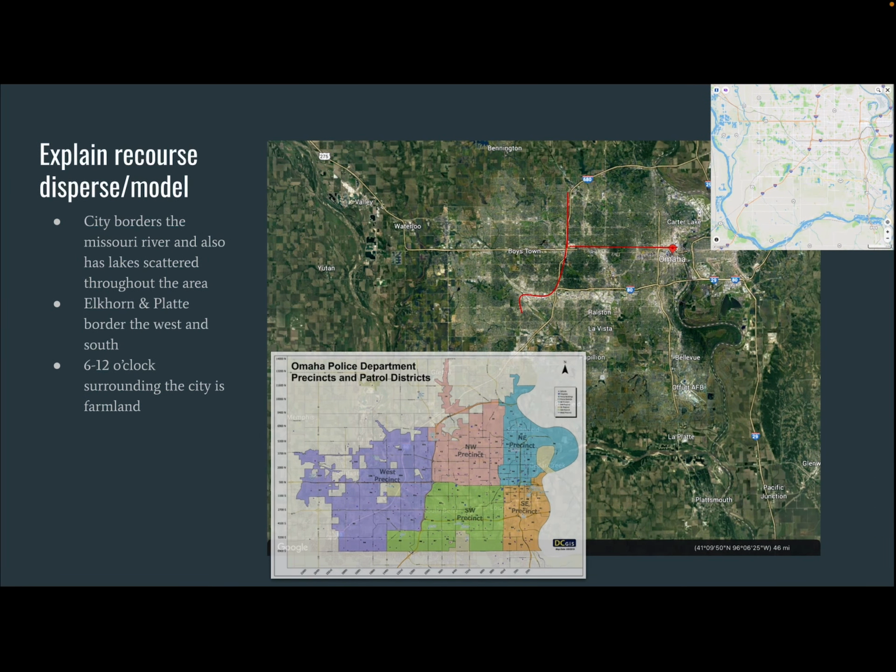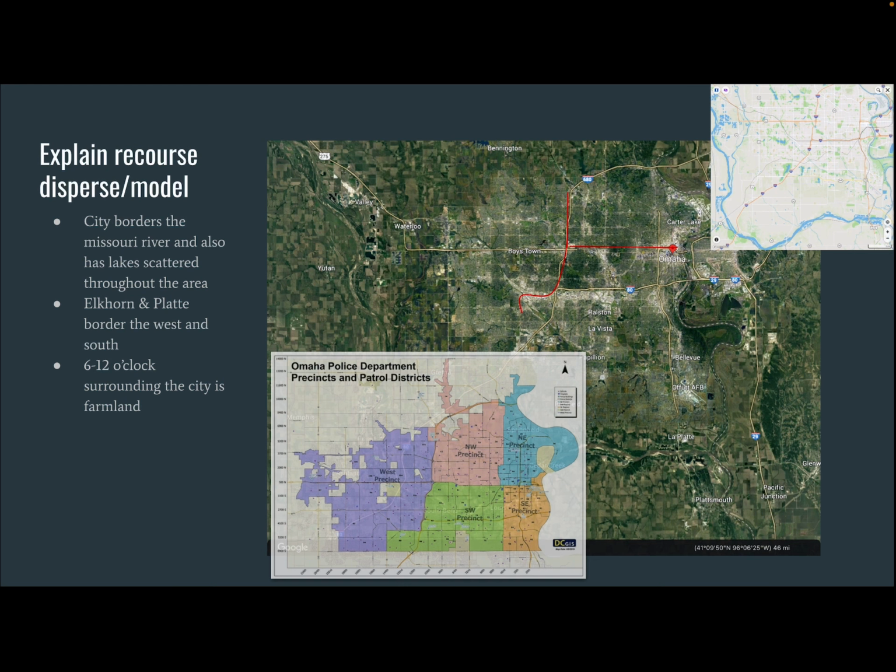On the east, the Missouri River runs north and south, dividing Nebraska and Iowa, and Omaha is right up there on the border, where you can see the pin dropped in the background map. And on the map in the top right, you can really see the waterways more and how the Elkhorn and Platte come in from the north on the west side of the city, come down and run west to east along the south of the city to feed into the Missouri River.